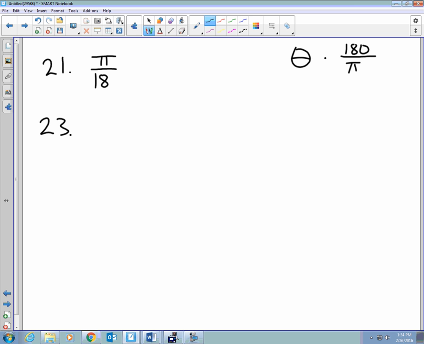So this is theta, and I will multiply by 180 divided by pi. What do you notice happens? What do you end up with in the numerator and the denominator? That's the same. You end up with a pi, right? So these just cancel right off. Exactly. 180 divided by 18 is 10. So you get 10 degrees.